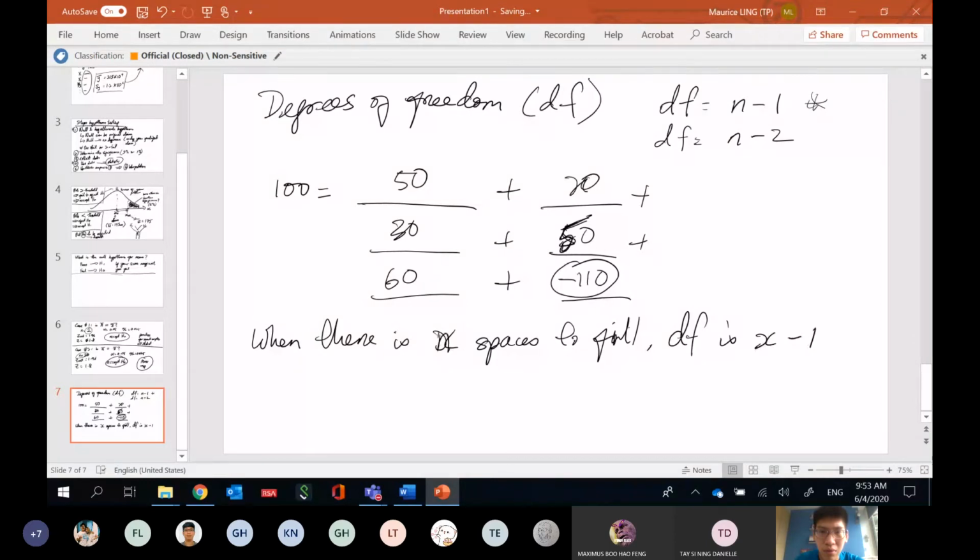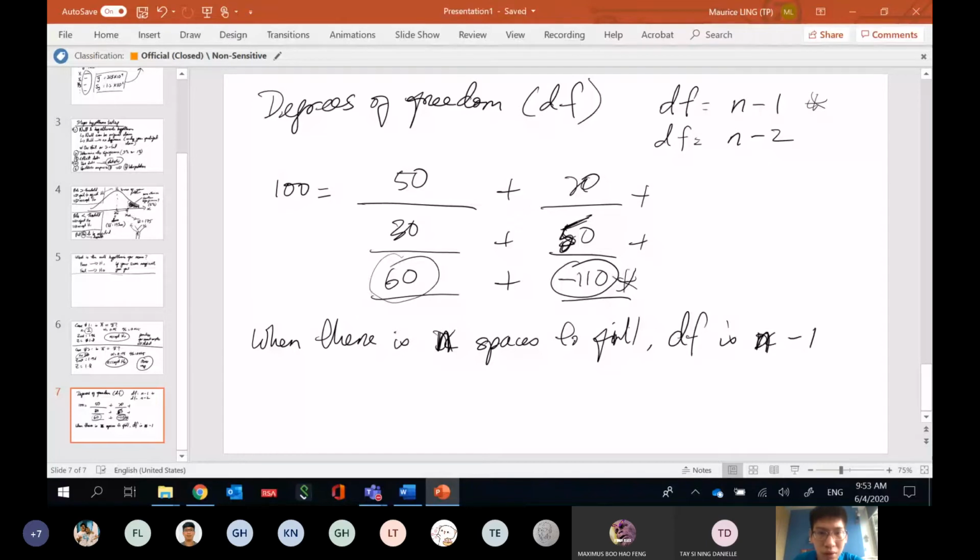Let's say N spaces to fill, the degrees of freedom that can move is N minus 1, because when you put up the 5th number, the 6th number by equation is fixed for you. That's why it's N minus 1. Make sense? The space that can vary is 1 less than what you have.